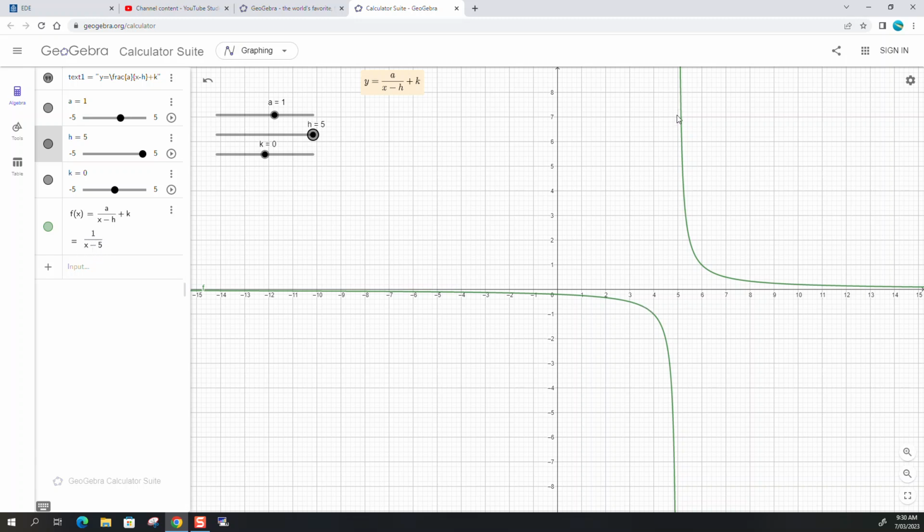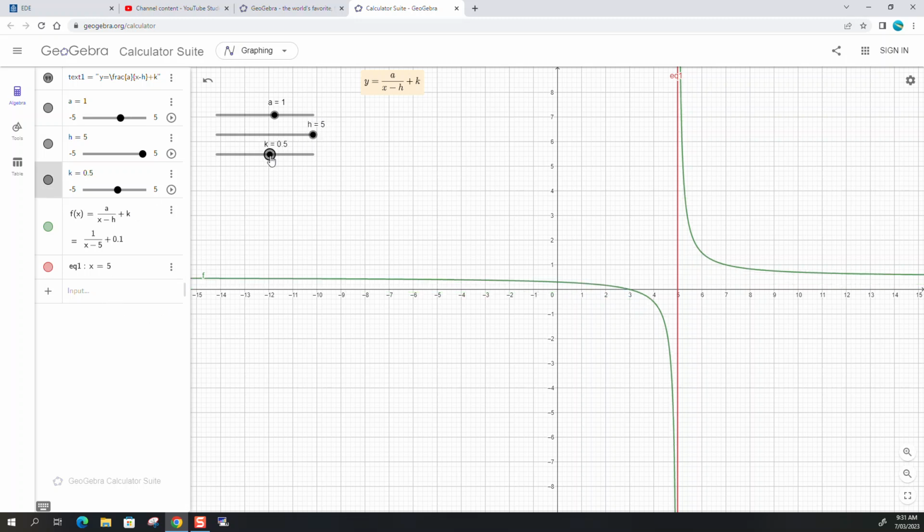So this vertical forbidden line, the asymptote, has now lined up on 5. I can draw a vertical line if I write x equals h. I think I might make it red. My vertical asymptote now is in line with the value of h.